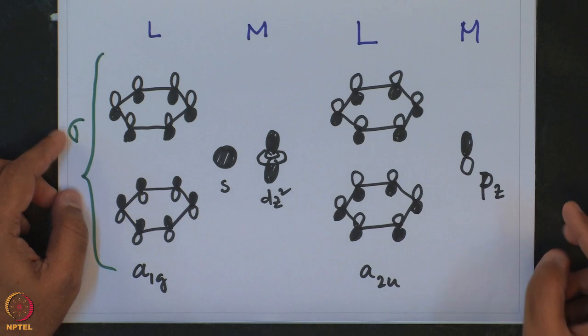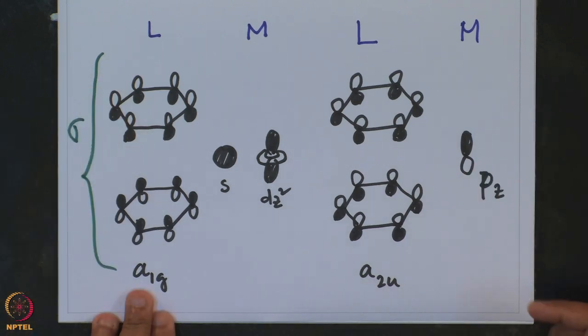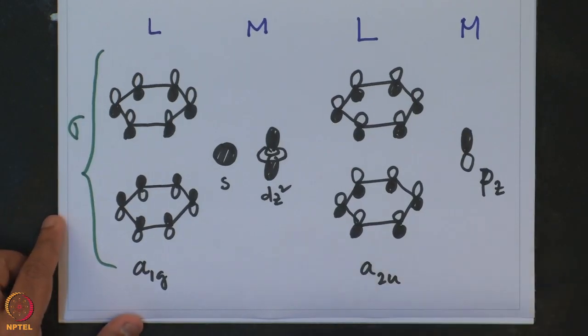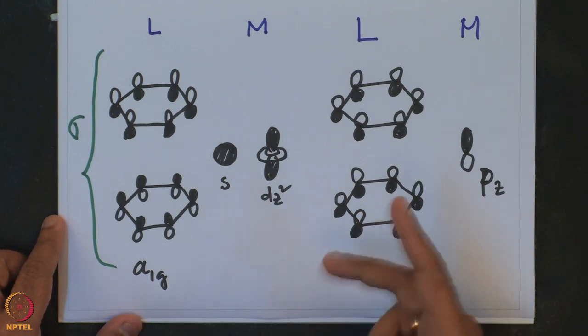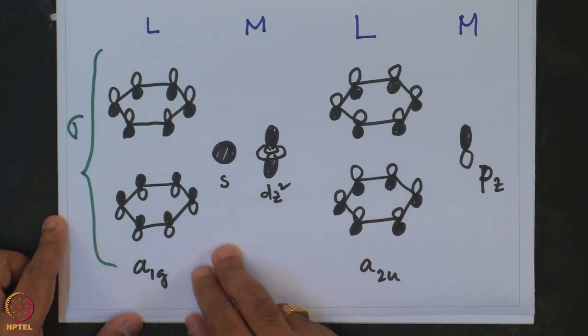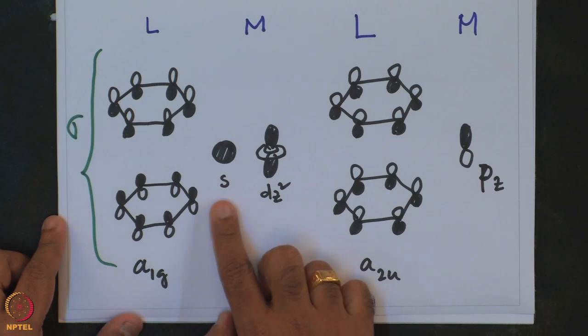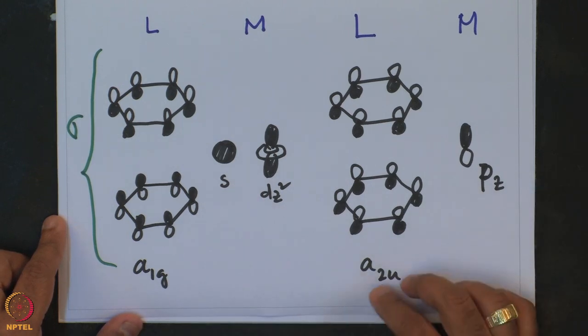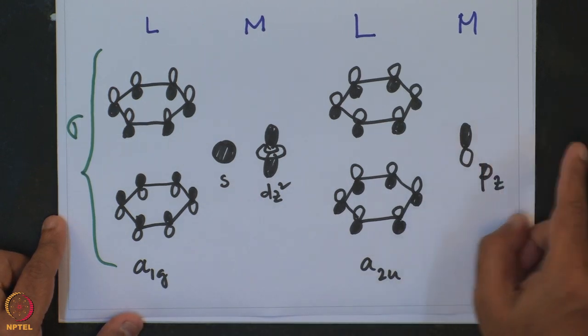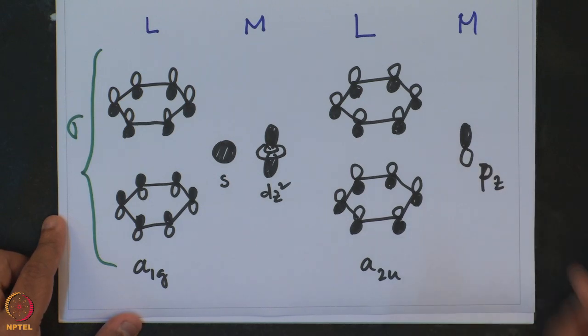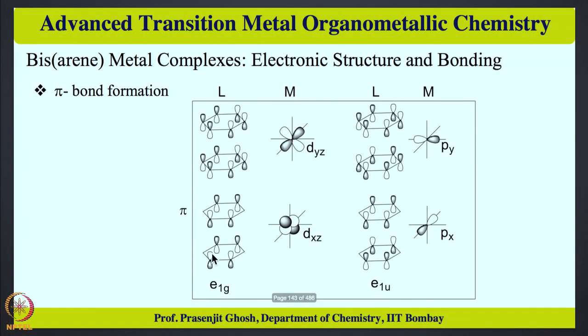So, the A1G orbital of benzene in the bis-arene complex would thus interact in a sigma fashion with s and d z square, whereas A2U would interact in a sigma fashion with the Pz orbital. Now, let us take a look at orbitals which would be interacting in a pi fashion, and these are E1G for the ligand.